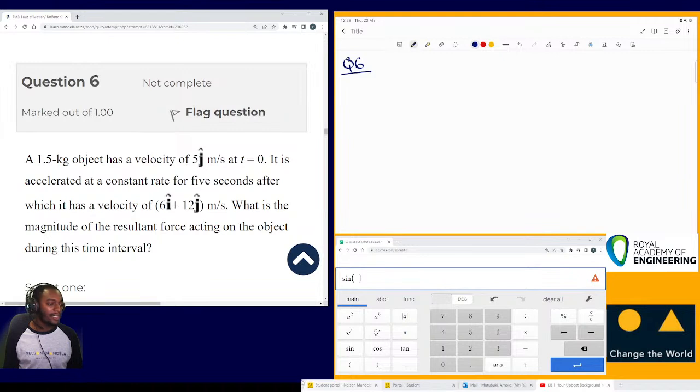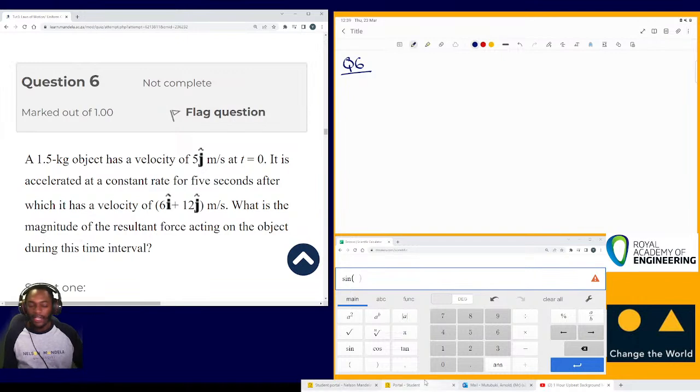It is accelerated at a constant rate for 5 seconds, after which it has a velocity of 6 meters per second in the i and 12 meters per second in the j direction. Then the question says, what is the magnitude of the resultant force acting on the object during this time interval?